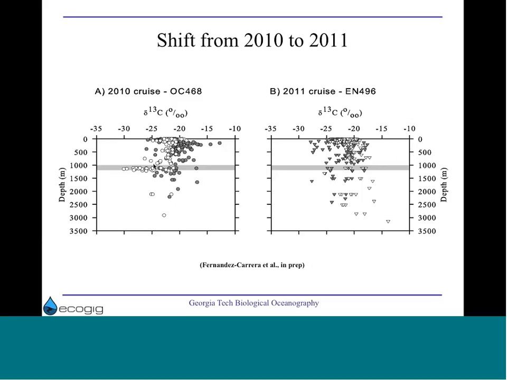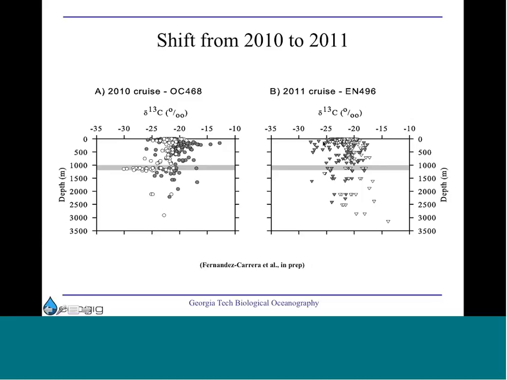The right-hand panel shows data from samples collected a year later. Very different distribution, and in fact, we no longer see that clear association of low delta C13 values with that deepwater plume.